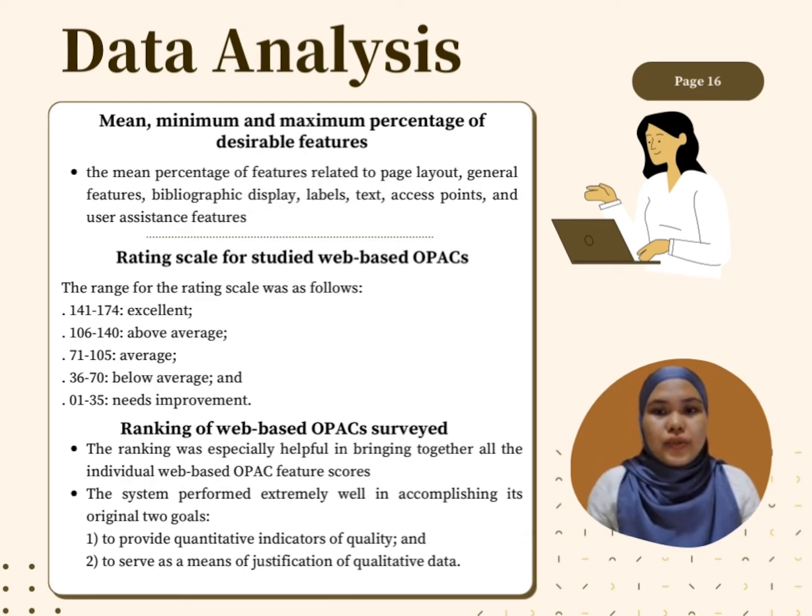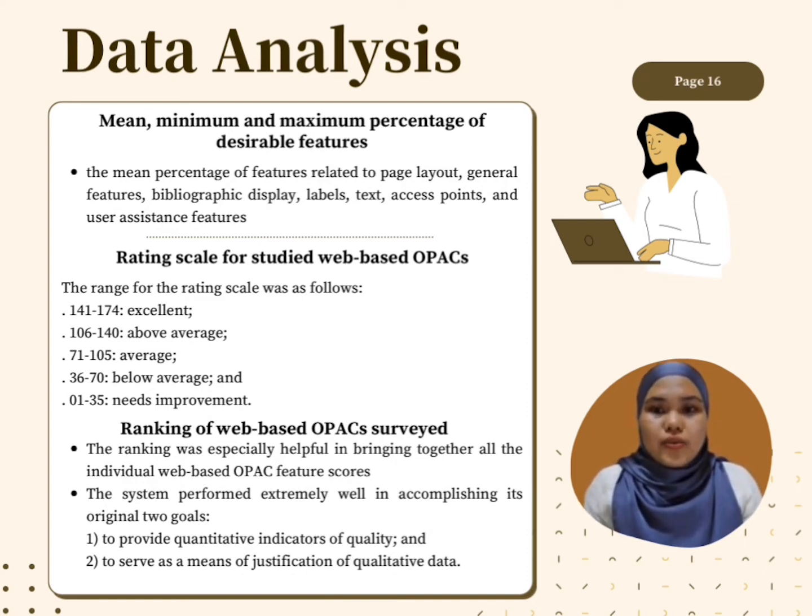So the next one is rating scale for studied web-based OPACs. The range for the rating scales was as follows: the highest one is excellent, above average, average, below average, and also need improvement. So the last one is ranking of web-based OPAC survey.